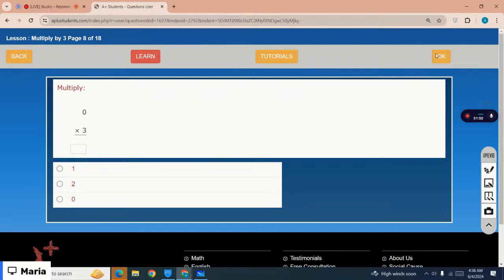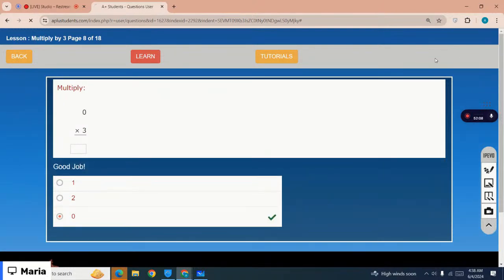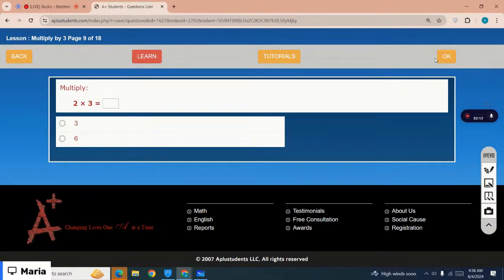3 times 0, which is the correct option? 3 times 0 is 0. 2 times 3, which is the correct option? 3 times 2 is 6.